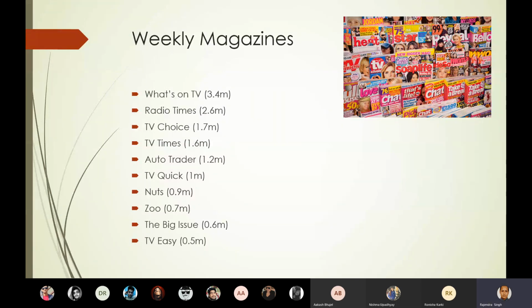I'm not sure, but that could be the reason why these are mostly read or subscribed magazines. Some of them could be supported through ads, so they put in ads and subsidize the cost for their customers.